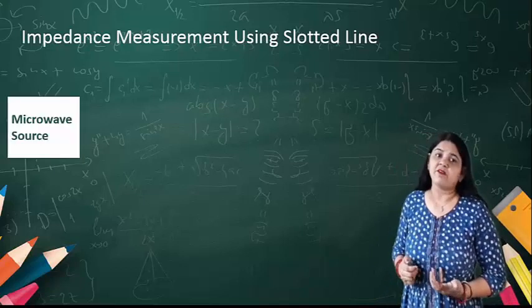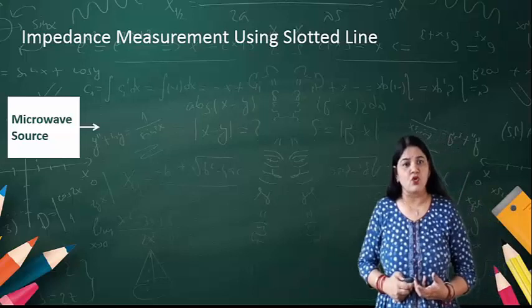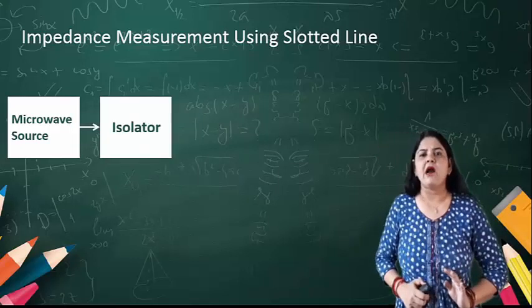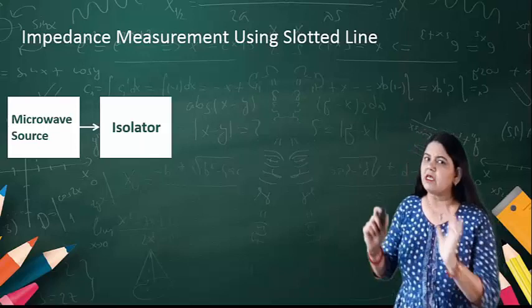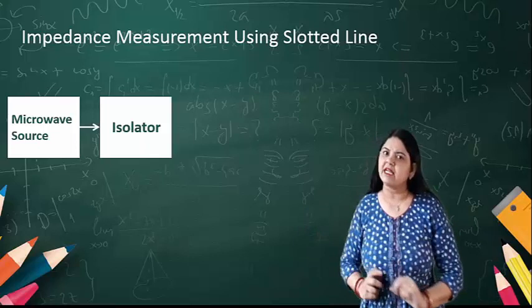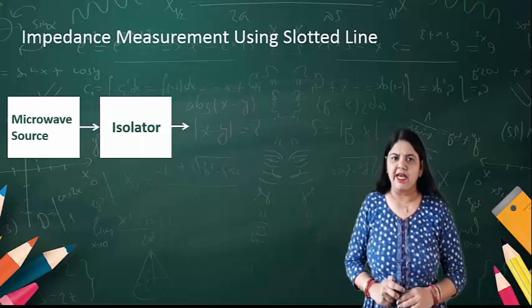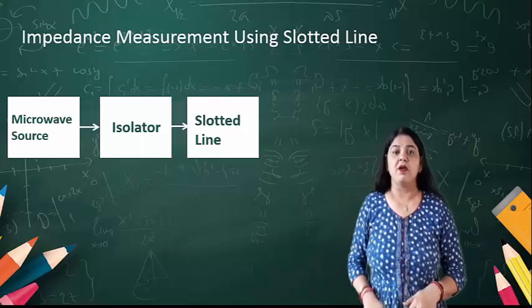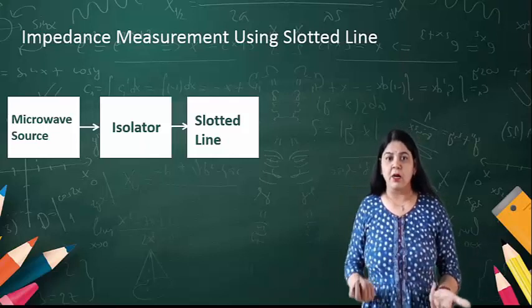What we can do is, we have the microwave source. The output of the microwave frequency is given to the isolator, so all the signal will travel in one direction. We have a slotted line section, as you have seen with all the components.